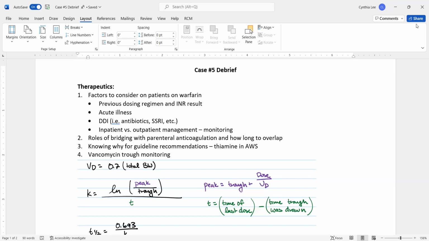And then one thing I want students to start having in mind is knowing why you're recommending something. I've mentioned this previously in a previous debrief as well. When you recommend something, you should know why you're recommending it, because patients will ask you, medical providers will ask you, what are the rationales for recommending this?